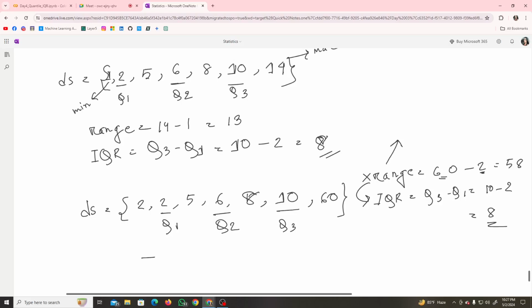So by using interquartile range, we get a proper idea about the distribution of our dataset.